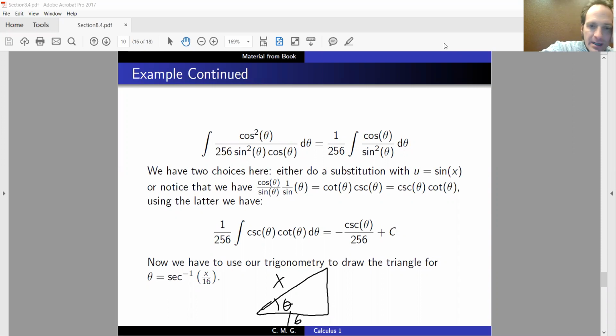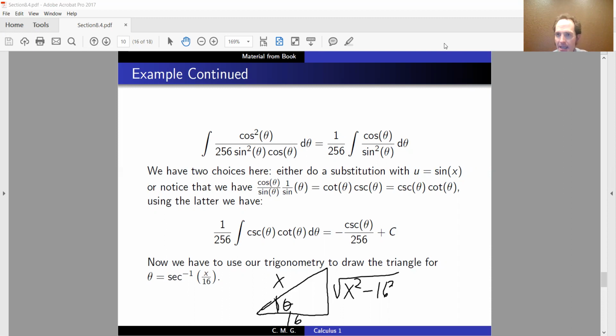Okay, so what I am doing here is that this angle, theta, when I take the secant, should have secant equal to x over 16. Now I can find that third side. The third side is just going to be the square root of x squared minus 16 squared, or 256 in this case.